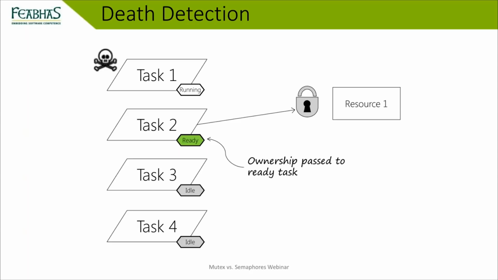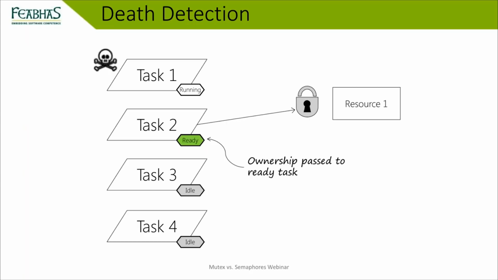The simplest model is that the ownership of the mutex gets passed to the head of the waiting tasks, and that will normally be the highest priority task. So here we've shown it being passed to task 2. But normally when it locks the mutex, it will get a slightly different error code indicating that yes, it's got access, but the resource is in an unknown state.